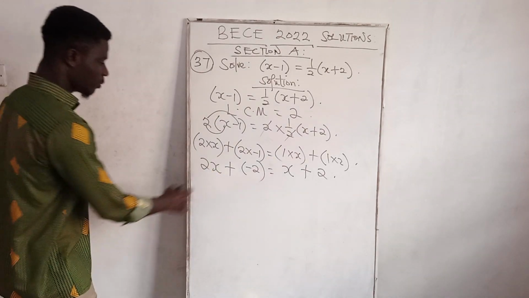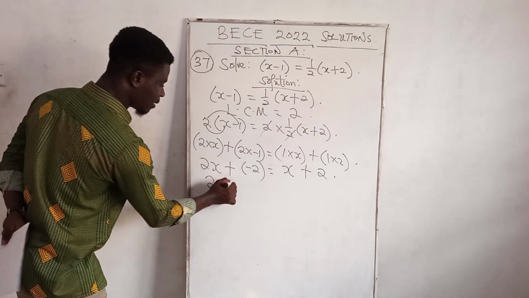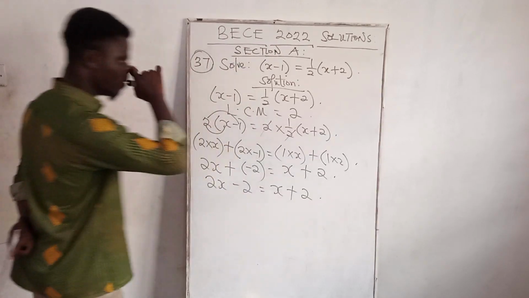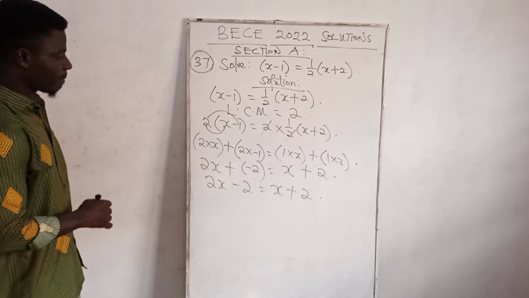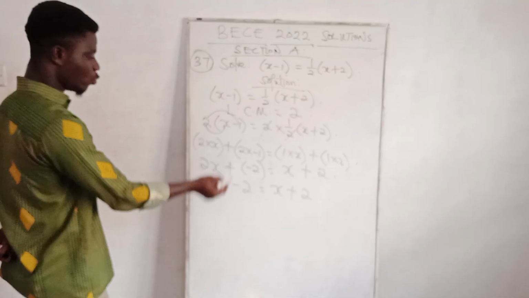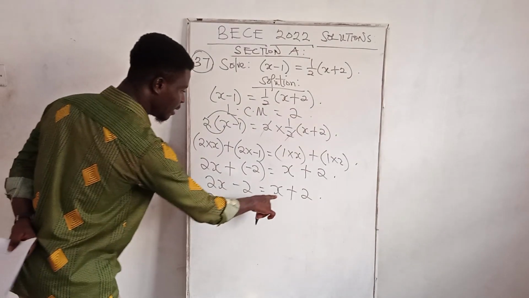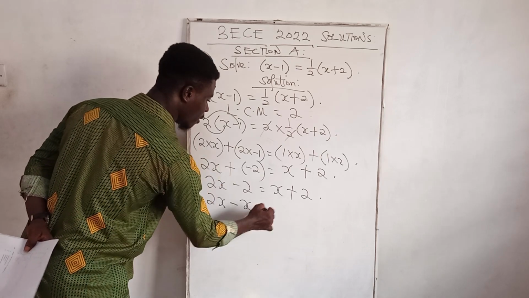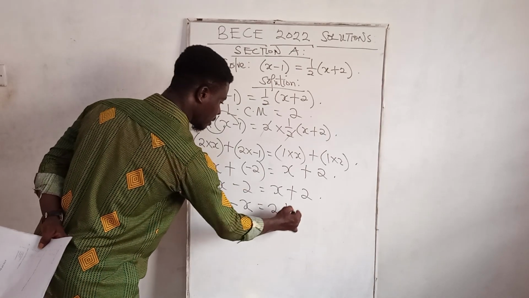So now I have twice of x minus 2 equals x plus 2. We want the value of x here, right? In a linear equation, the left-hand side must be equal to the right-hand side. So we group like terms. Twice of x, now this one is positive, when it crosses we get negative x, equals positive 2 plus 2.